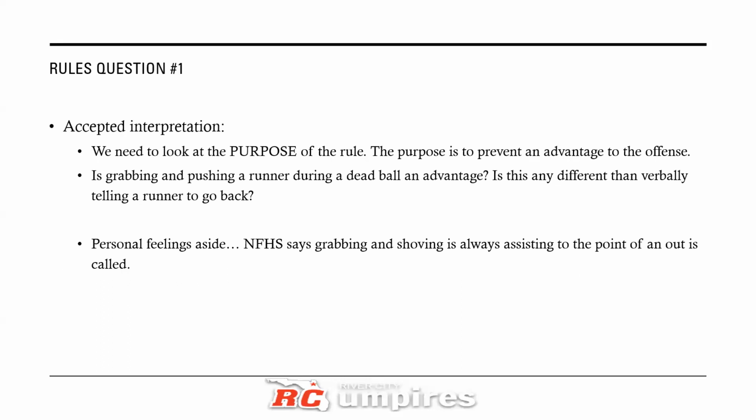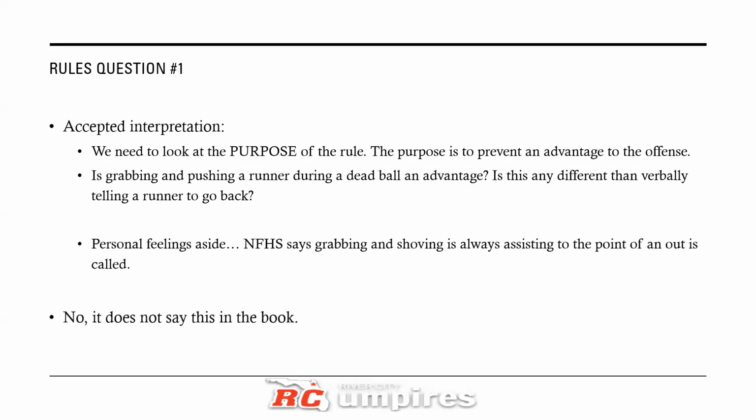Personal feelings aside, which is stupid. According to NFHS, in their released interpretation, which is not in the casebook, grabbing and shoving is always assisting, to the point that an out is called. But the book doesn't say anything about types of assistance, which is just kind of infuriating.